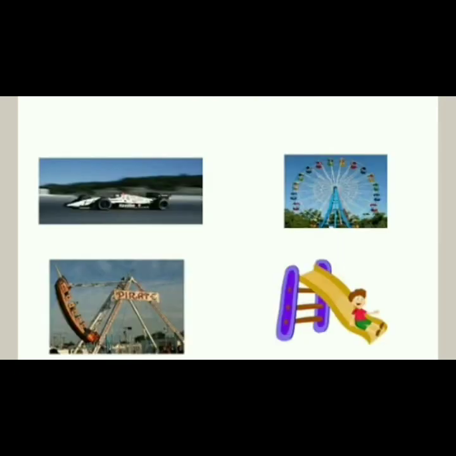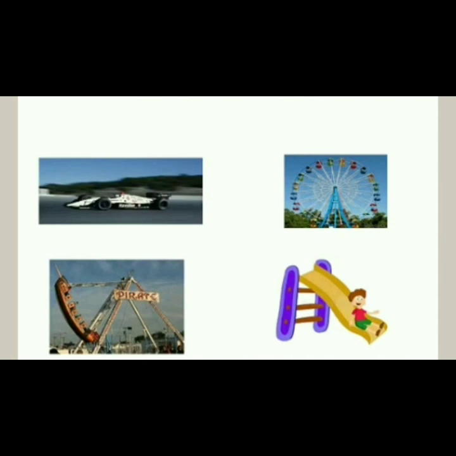Now you can see in the picture there is periodic motion, circular motion, and rectilinear motion. What is rectilinear motion? Motion in a straight line is called rectilinear motion. What about circular motion?